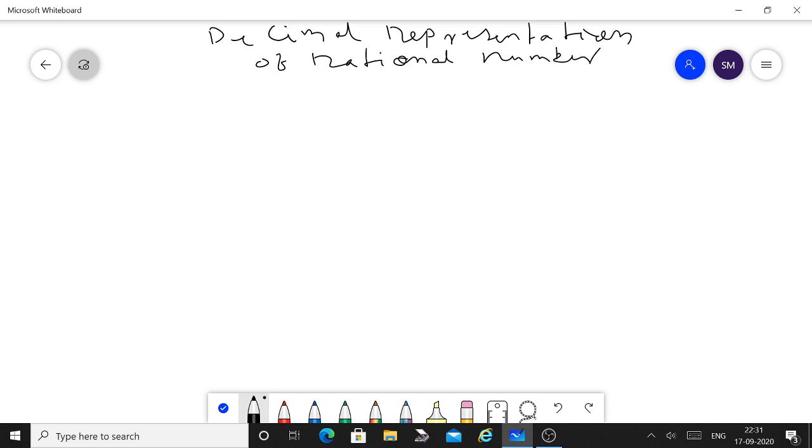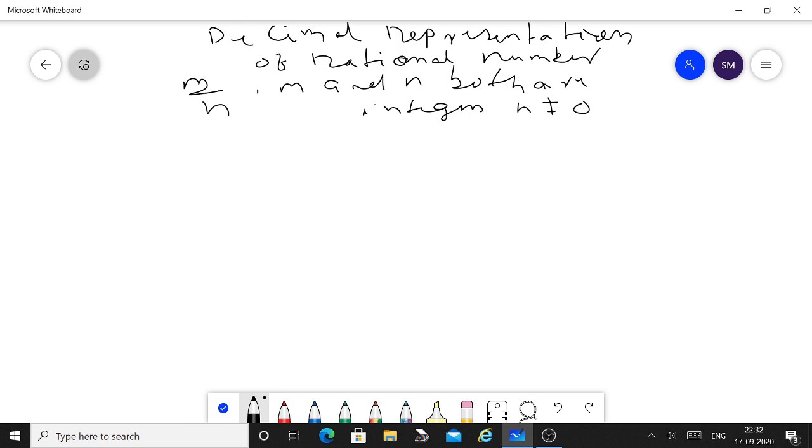Look here. m by n is a rational number, where m and n both are integers and n is not equal to 0.